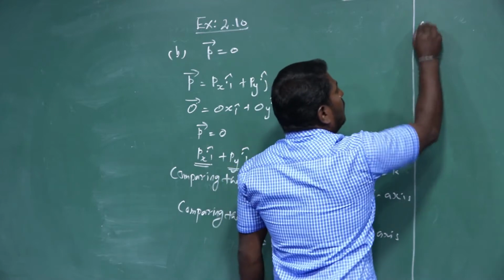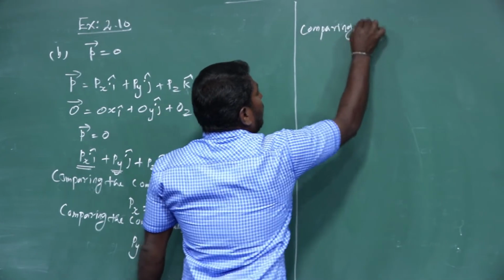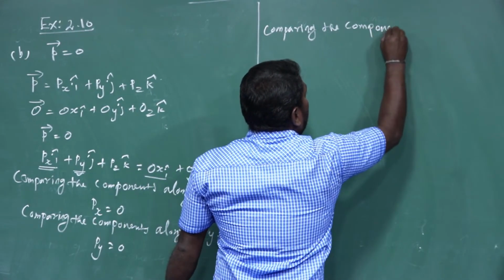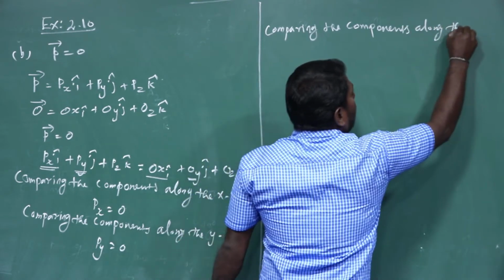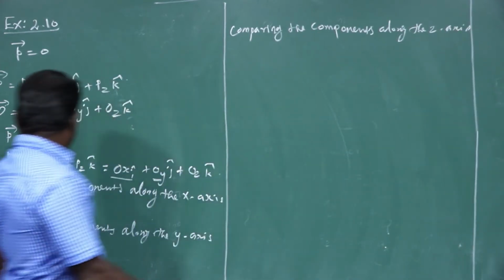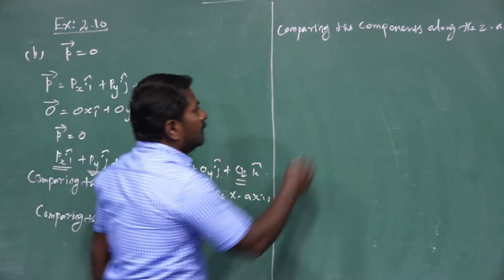Then comparing the components along the z-axis: Pz is equal to 0z, which is 0.